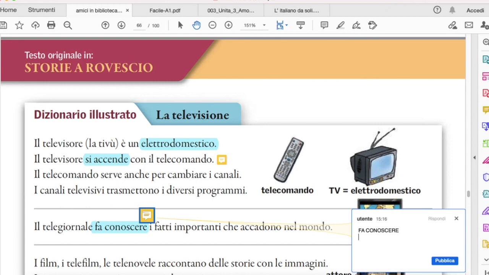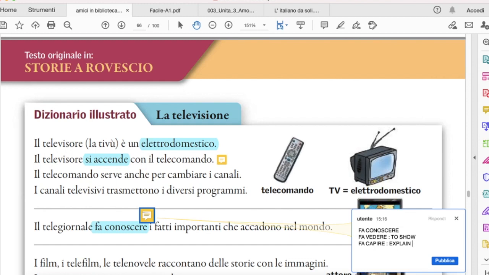In this case it, but il telegiornale is lui, right? But I could have like fa vedere, which is to show, okay? I could have fa capire, which is to explain, probably, because fa capire is to make people understand something. So, for instance, to explain, and so on and so forth, right?